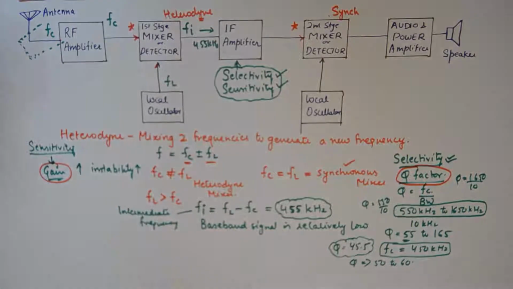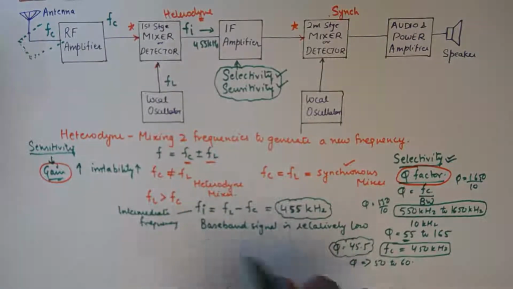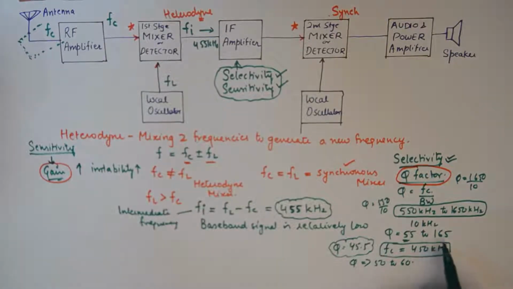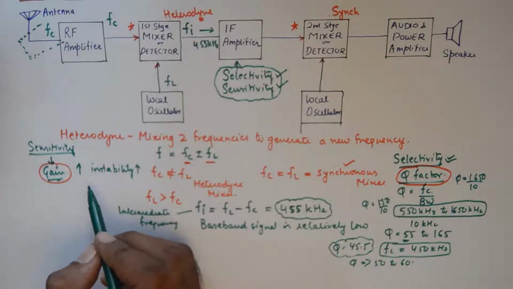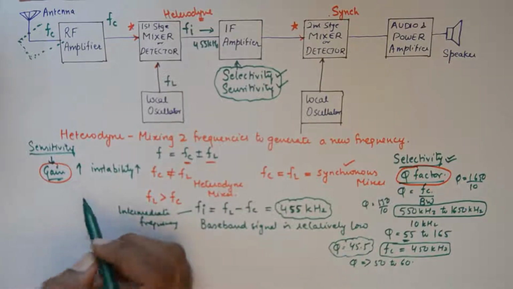We can expect higher gains for an IF amplifier stage if the frequencies become higher, and at a range of frequencies above 1000 kilohertz, the gain will result in the instability of the IF amplifier stage.